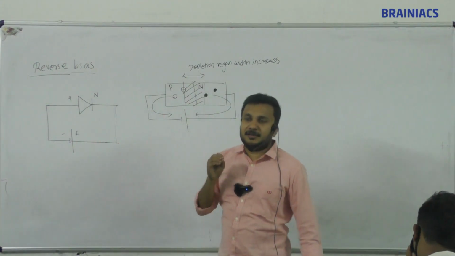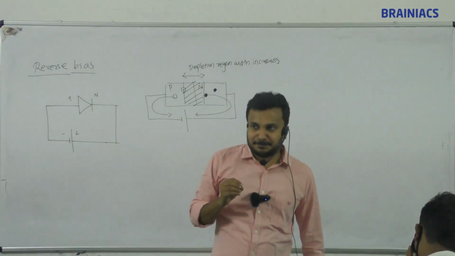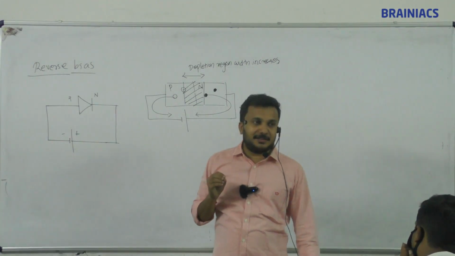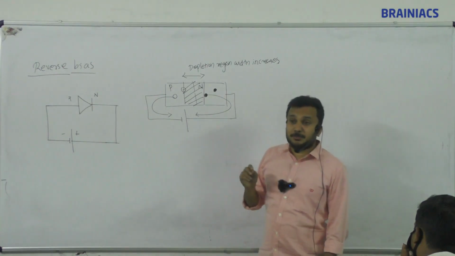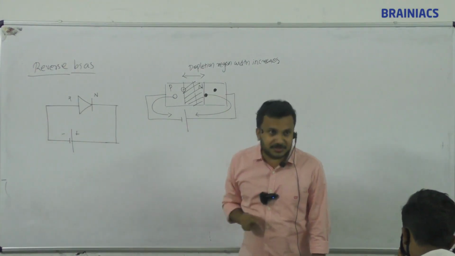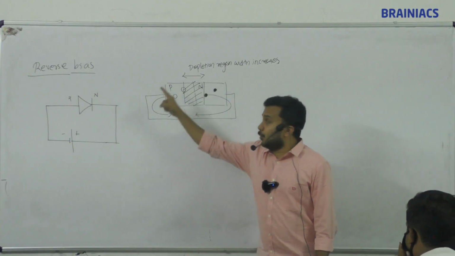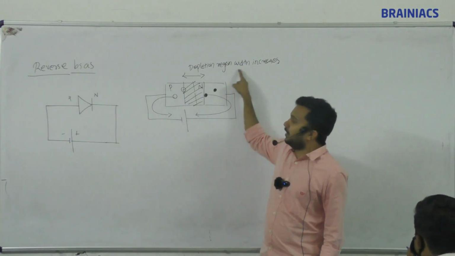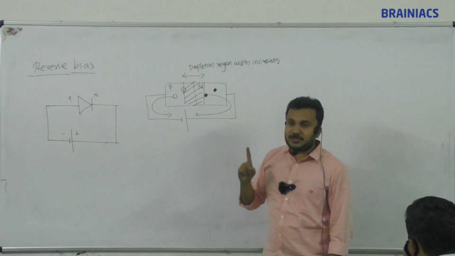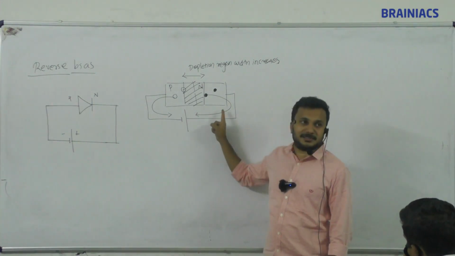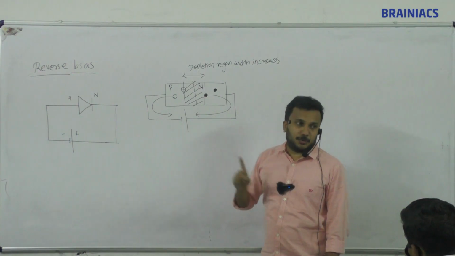That condition is called base width modulation. Base width modulation is the condition at which the complete diode area is filled with the depletion region.